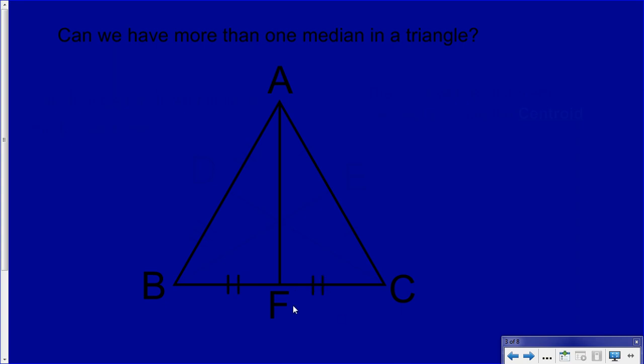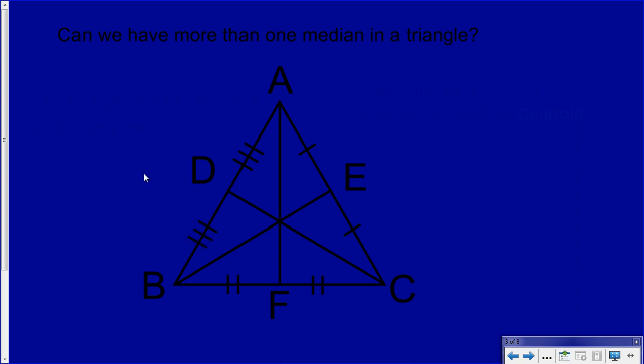But we can also draw a median from B all the way across to this other side. We'll call this point E, and so BE is a median, which means that AE is going to be congruent to EC. And yet we can make one more median from point C all the way across to AB. Here's median CD, and that means that AD is going to be congruent to DB.